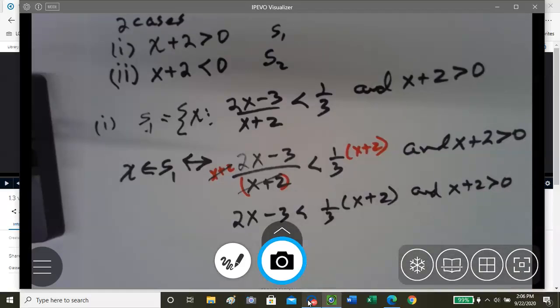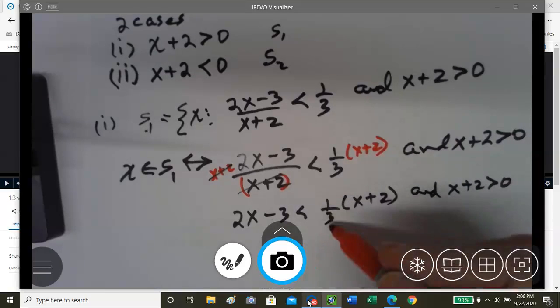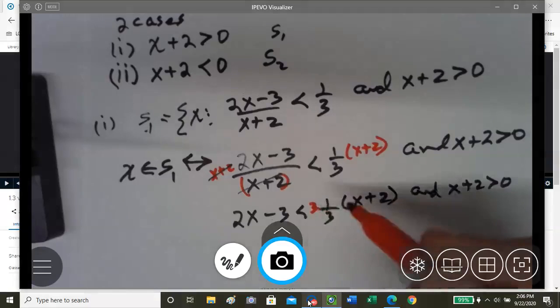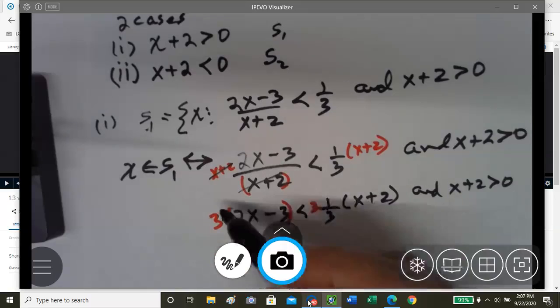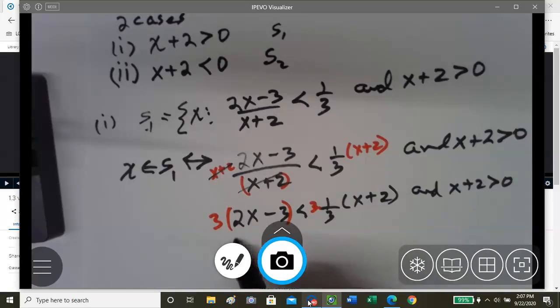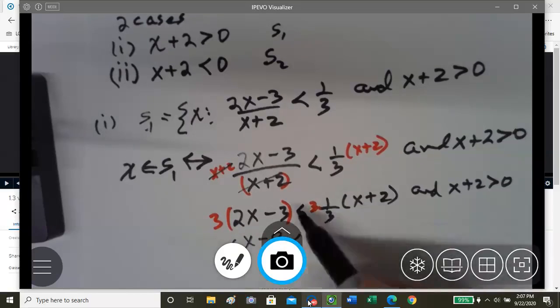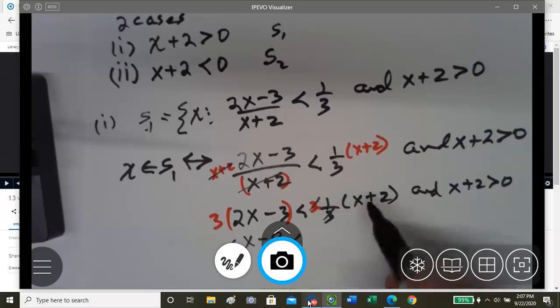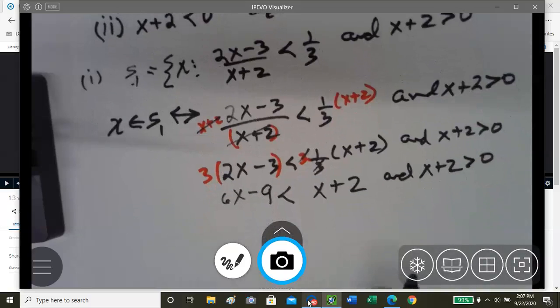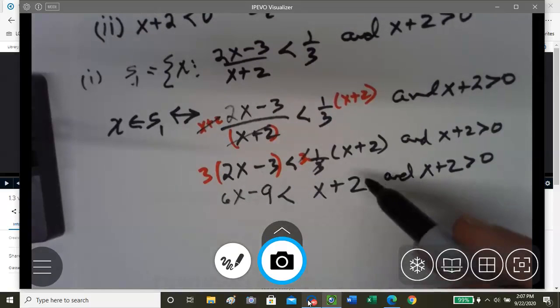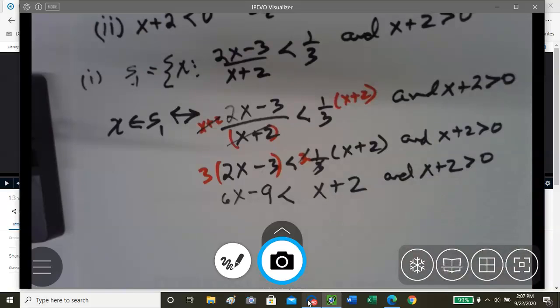Okay, so now, to simplify things, we're going to multiply both sides by 3 and distribute, and get 3 times 2x is 6x, minus 3 times 3 is 9. That's not going to change the inequality sign at all. And we get 6x - 9 is less than x + 2, and x + 2 is greater than 0. Now we can combine like terms.